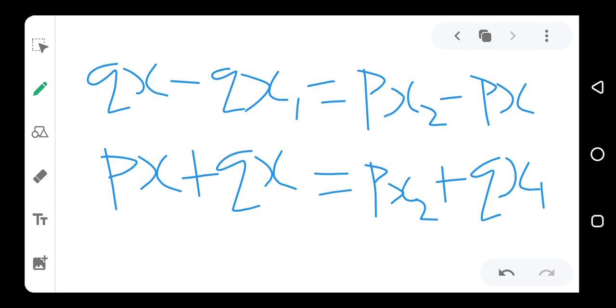We are trying to make the terms that contain x stay alone, and the others stay alone, so that we can find a factor from it.